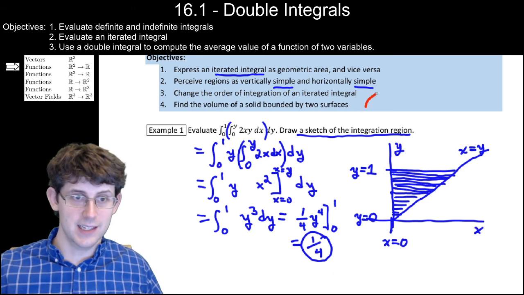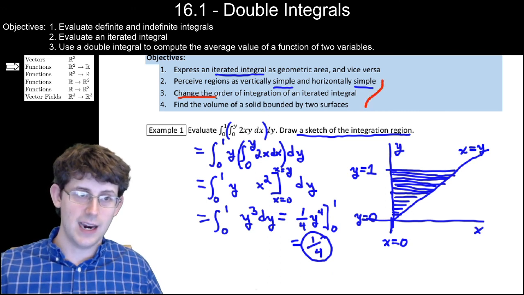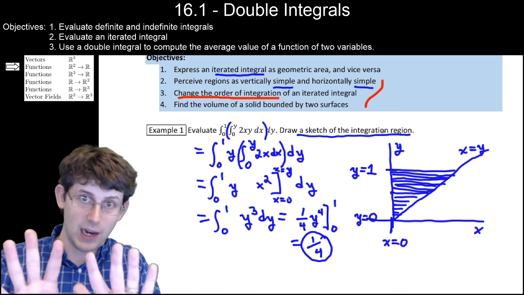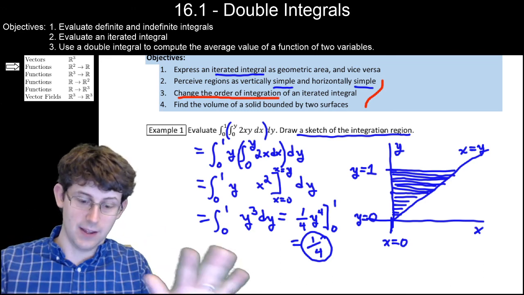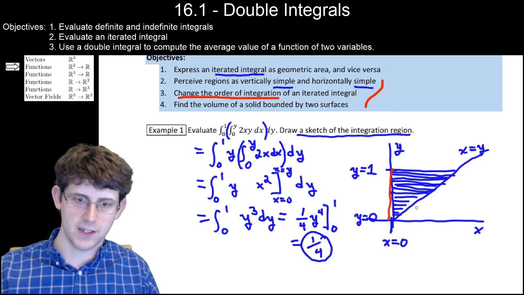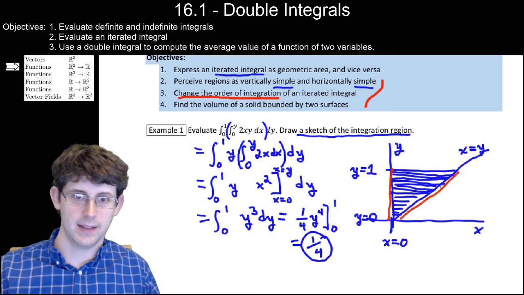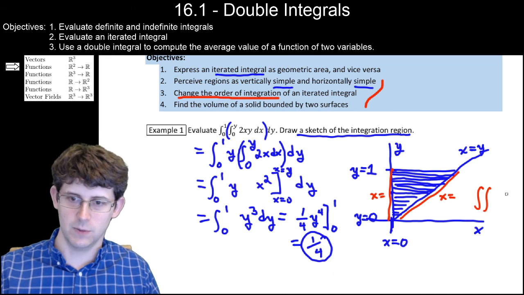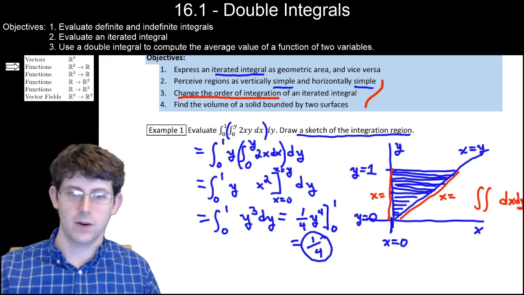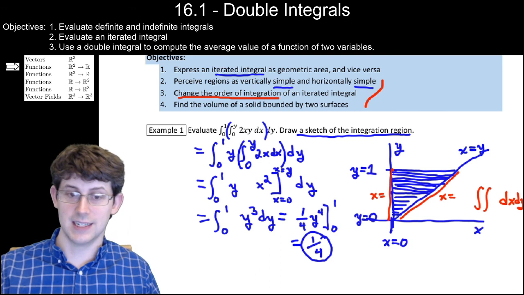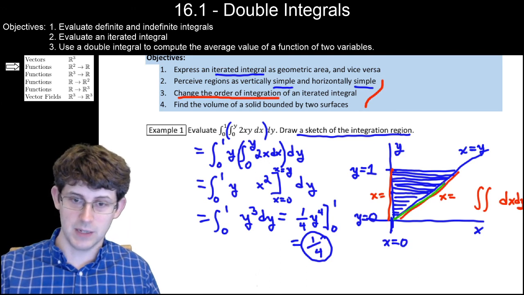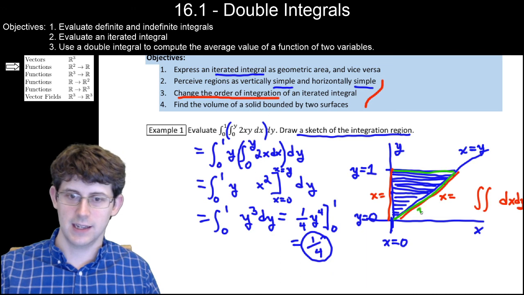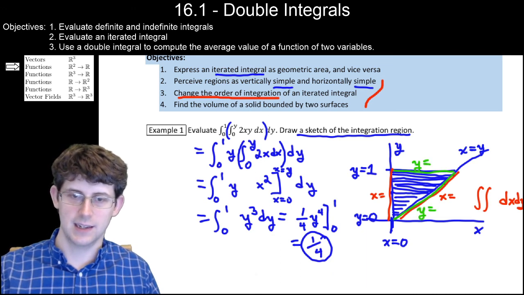Once we get down into these, the key idea is that if you care about the order, dx dy or dy dx, the difference between those is between thinking of left function and right function. That would be that the inside integral goes from x equals something to x equals something else. So having a left function and a right function would be dx dy. Or if you want to think of there being a bottom function and a top function, here the bottom function would be this, and the top function would be this, and those would be y equals various things. In that case, the inner integral is a dy integral.